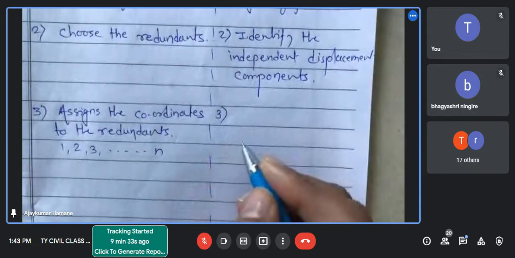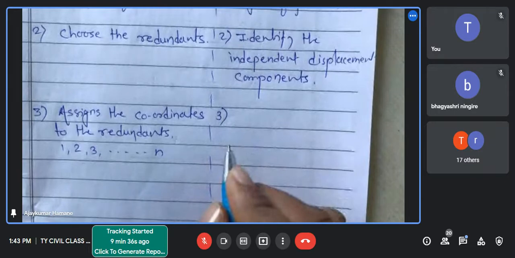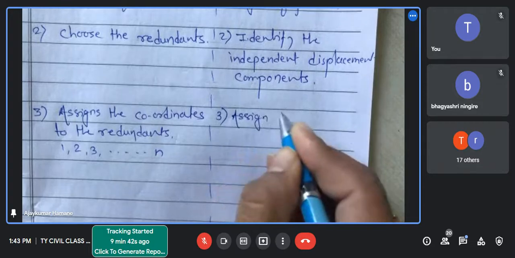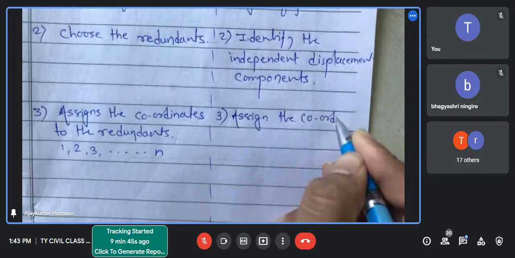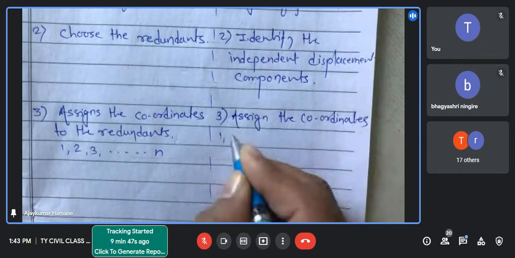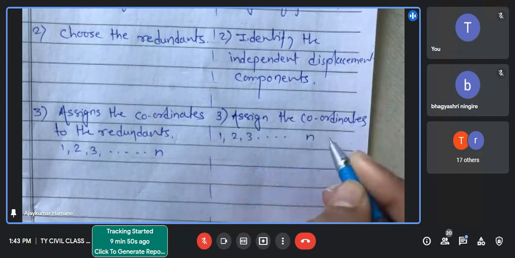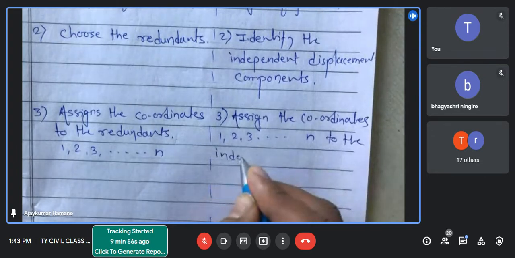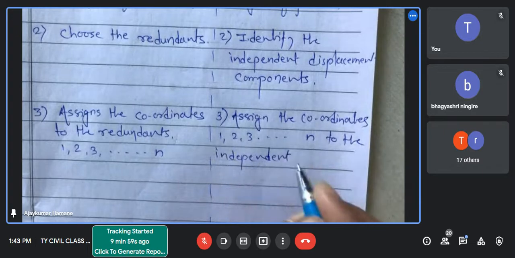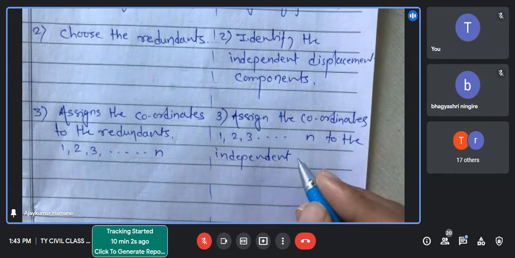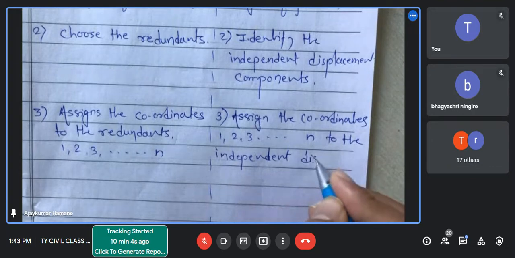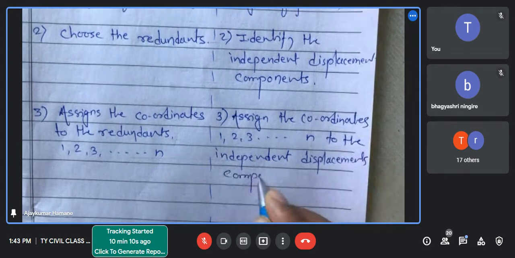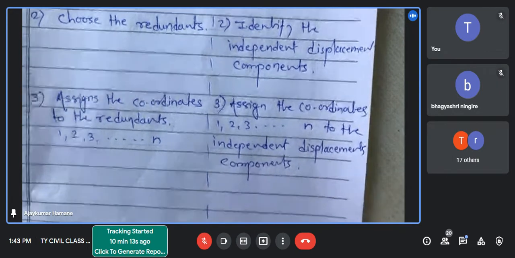In the stiffness method, assign the coordinates 1, 2, 3, up to n to the independent displacement components.